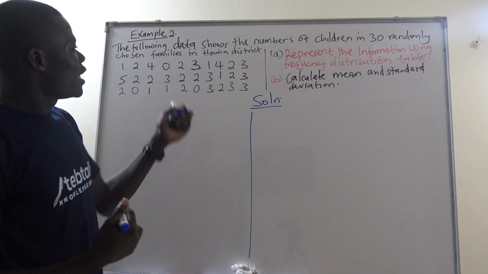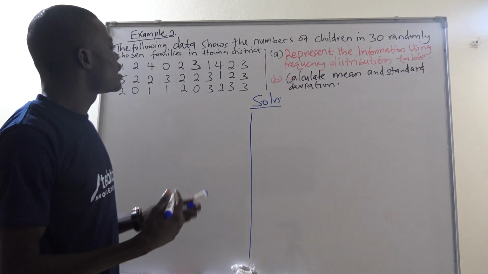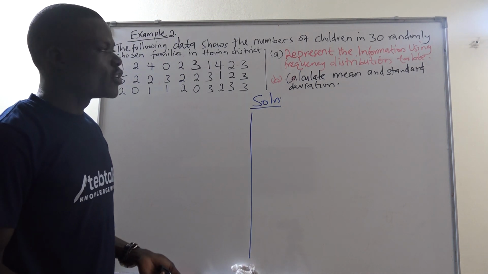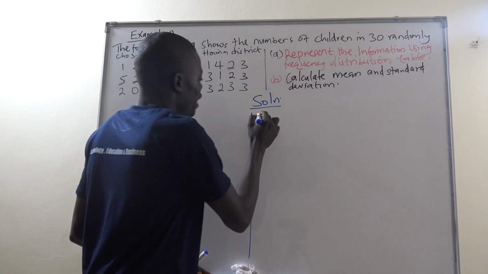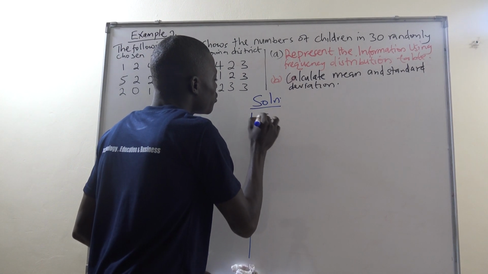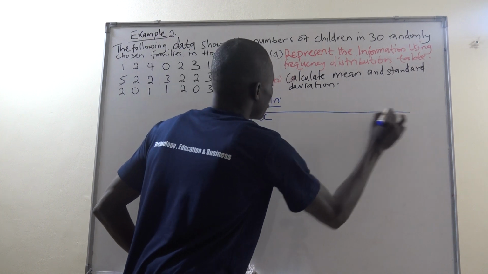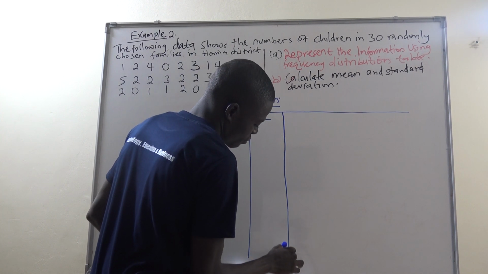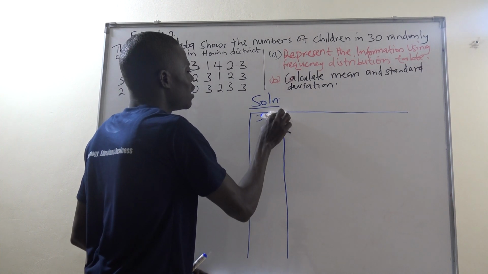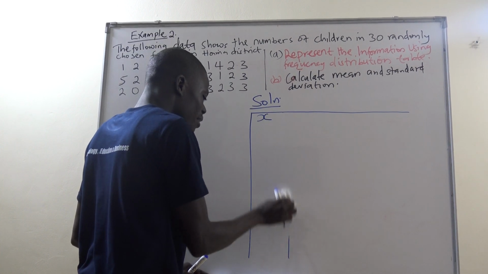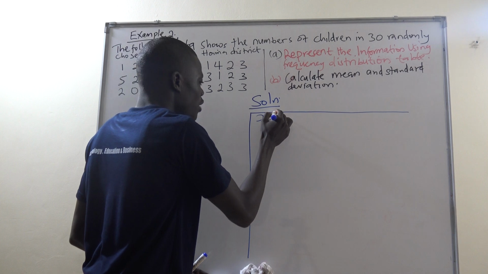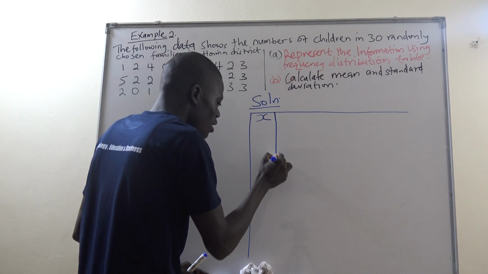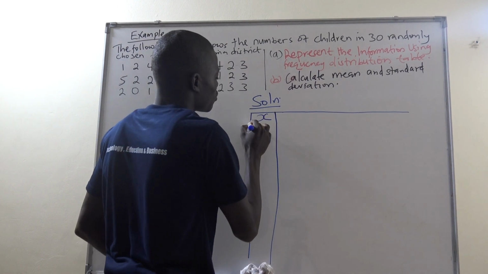So we say let the number of children in this family be X. So our variable will be X, and we said our first column always will have variable X. Then we shall have our variable X.